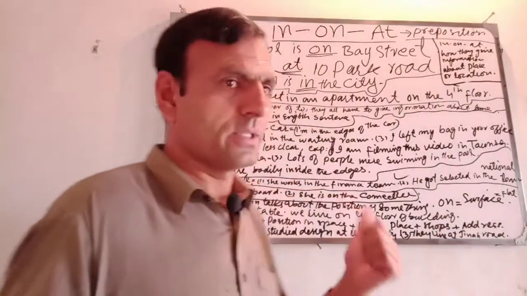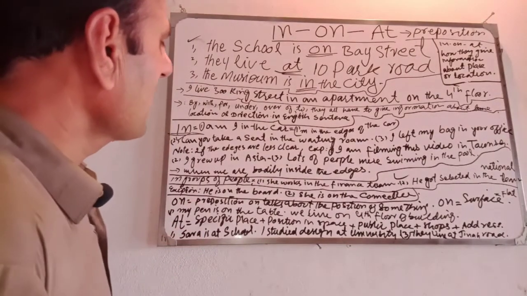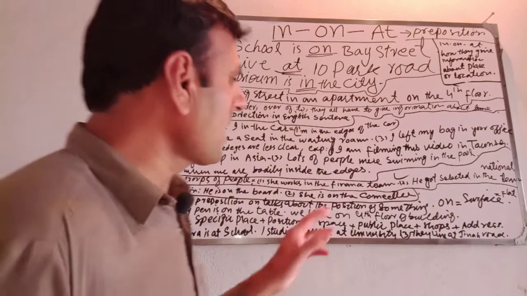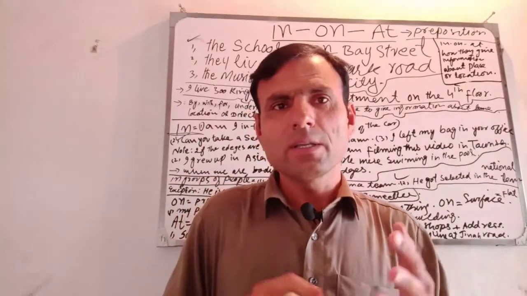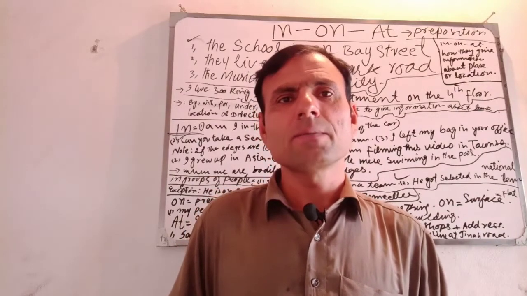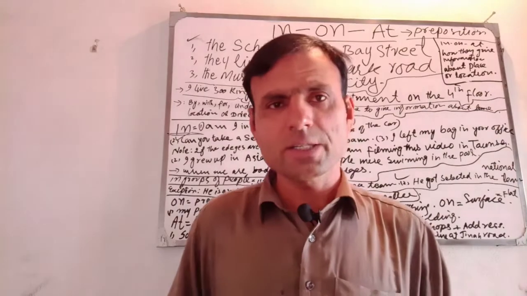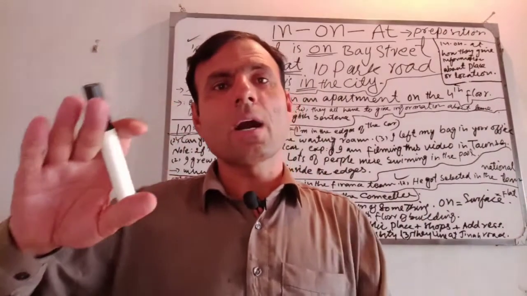That's the problem. See it here in English: he is on the board, she is on the committee. Now, this is an exception. He is in a team, he is in the finance team, he is in the national team, but he is on the board, he is on the committee.